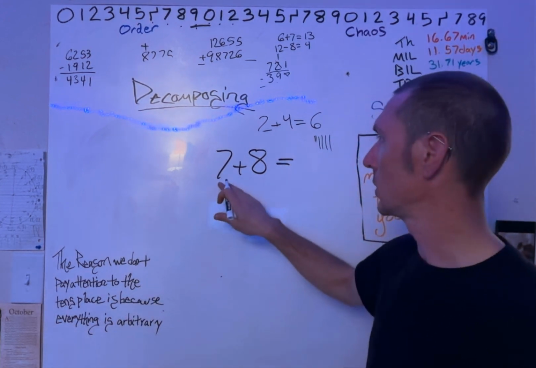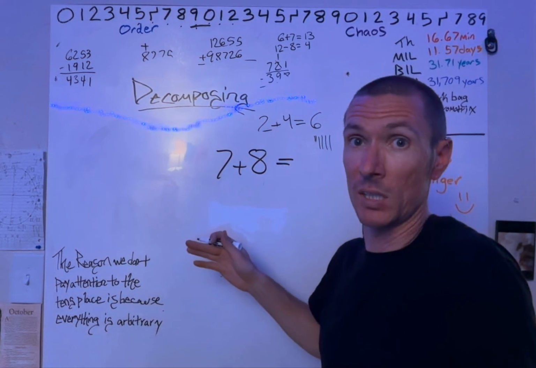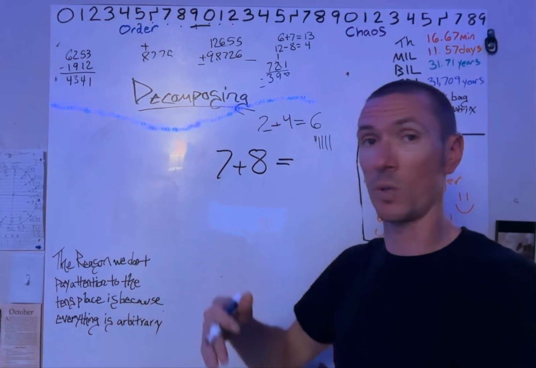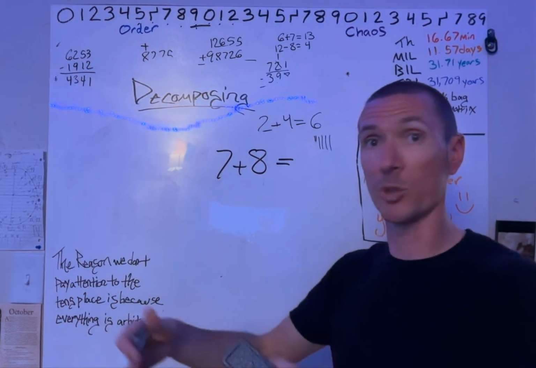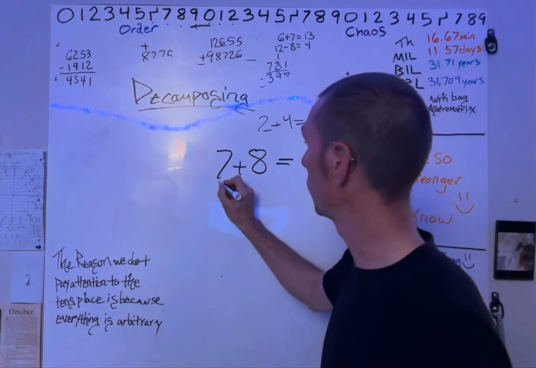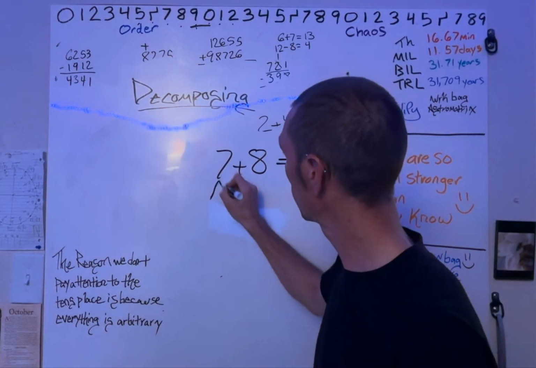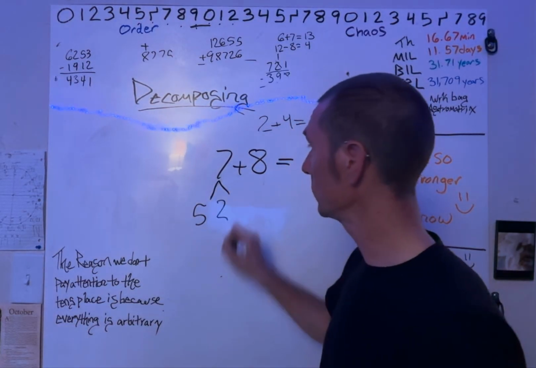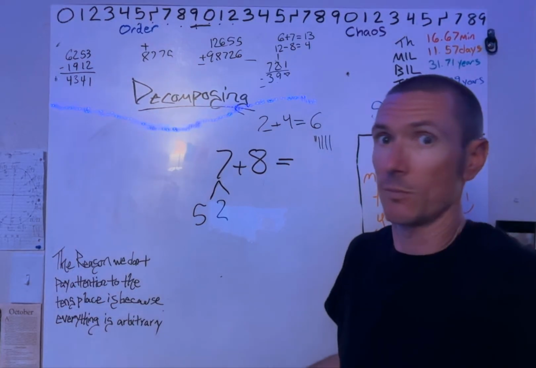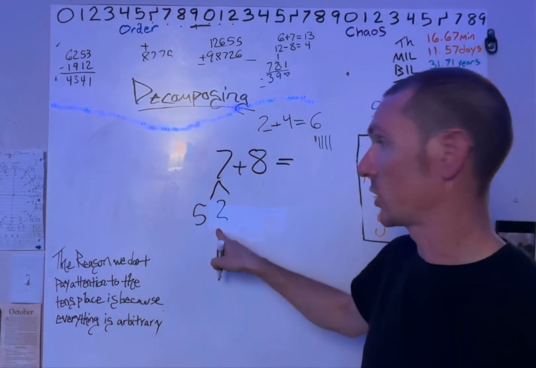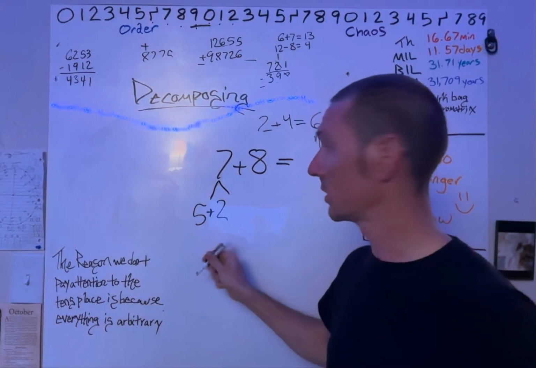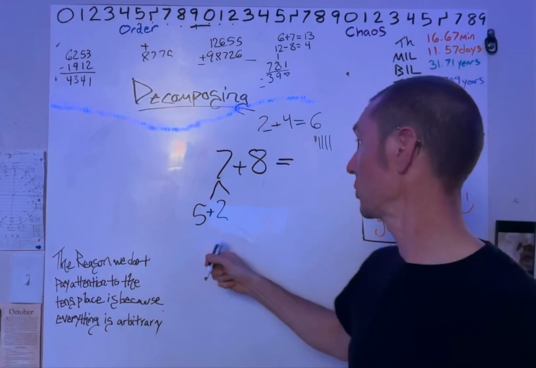And so 7, well, what can we decompose that into where we can get up to a multiple of 10? Well, we can put this as 5 and 2 because 5 plus 2 is 7. So let's represent 7 as 5 plus 2.